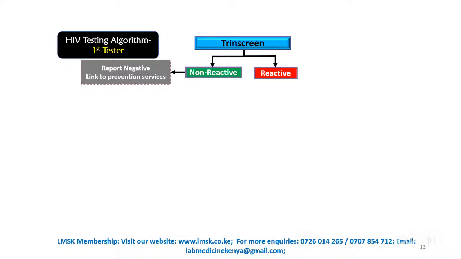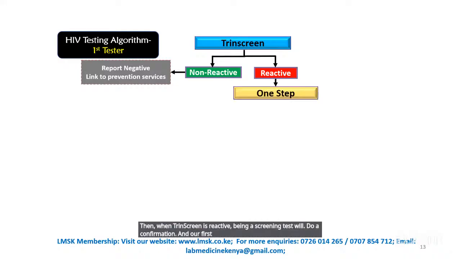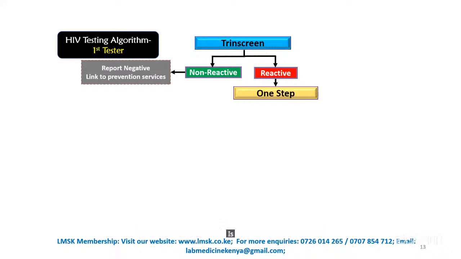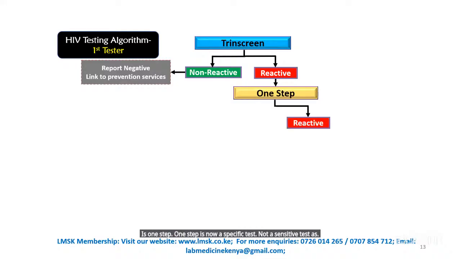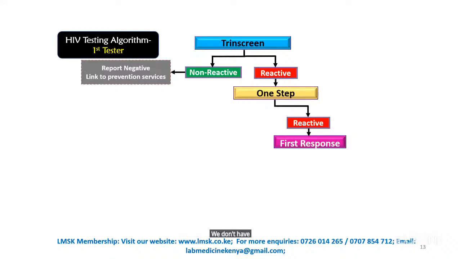Then when TrinScreen is reactive, being a screening test, we do a confirmation. Our first confirmation in the 3-tier test is 1 step. 1 step is a specific test, not a sensitive test like TrinScreen. Once our 1 step is positive, we move to the second confirmation. We don't have a tie breaker, but in the 3-tier we have 2 confirmatory tests and 1 screening test.